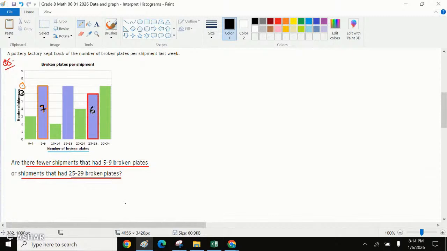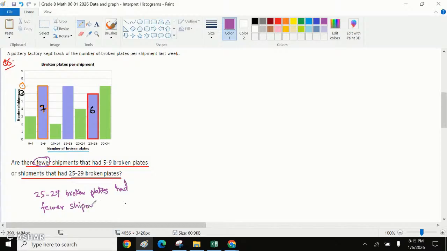So which one had fewer shipments with the broken plates? Right? The question is the reverse. They're not asking us to find the maximum value. They are asking us about the fewer shipments, right? So we can say 25 to 29 broken plates had fewer shipments, right?